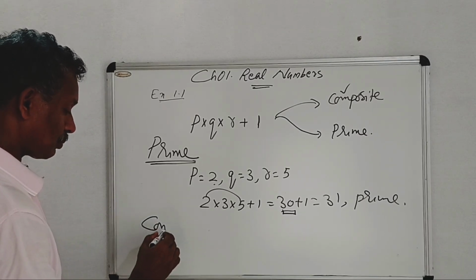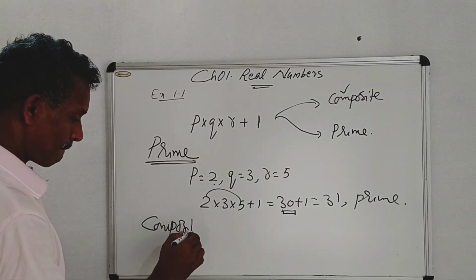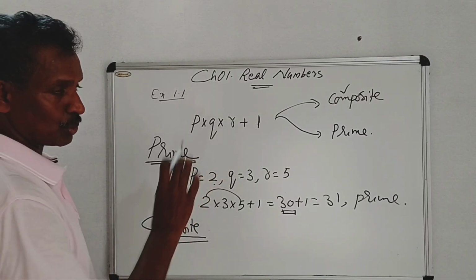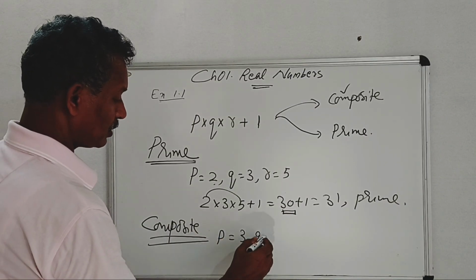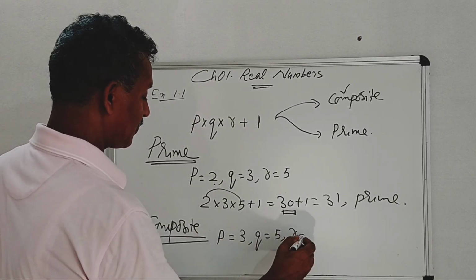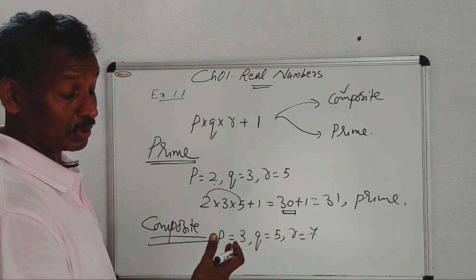And if you want composite, don't take 2. Okay, I am taking P is 3, Q is 5, R is 7, and let's try. It is not compulsory that it will come.